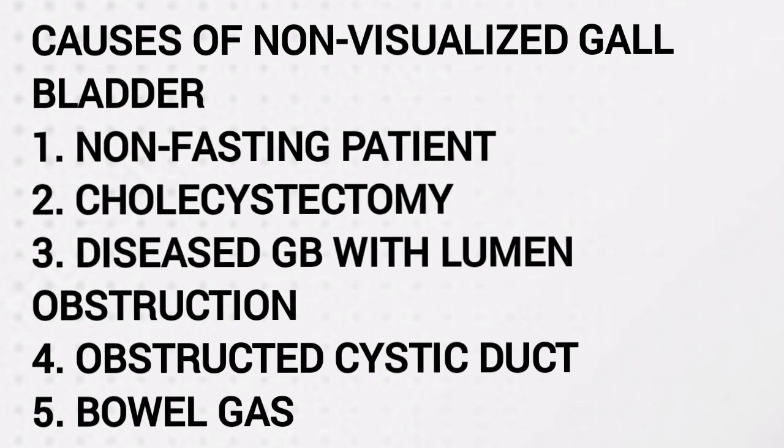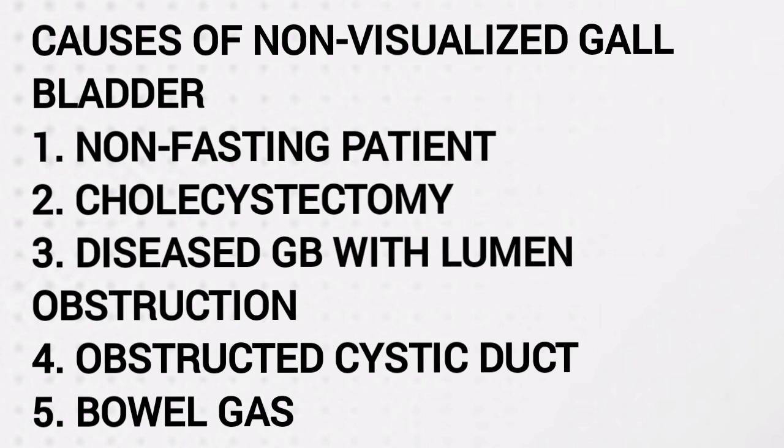If the obstruction persists for a long time, the gallbladder will be filled with mucus and is called a mucocele or hydropic gallbladder. A cystic duct obstruction will also prevent bile from entering the gallbladder, and initially the gallbladder will be too small to see.